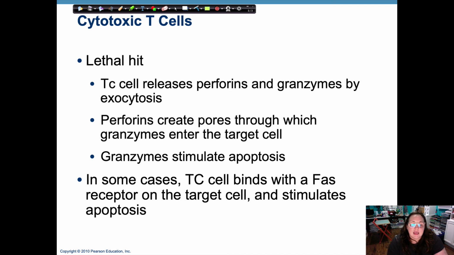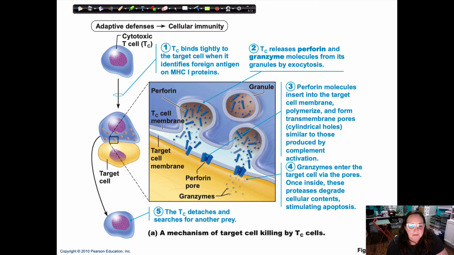The lethal hit, sorry, I got ahead of myself earlier, is when perforins and granzymes actually cause the cell to undergo apoptosis. So I just explained that. Perforins create the hole, and then granzymes enter the cell and stimulate a whole series of things, and then the cell dies. Okay? All right.